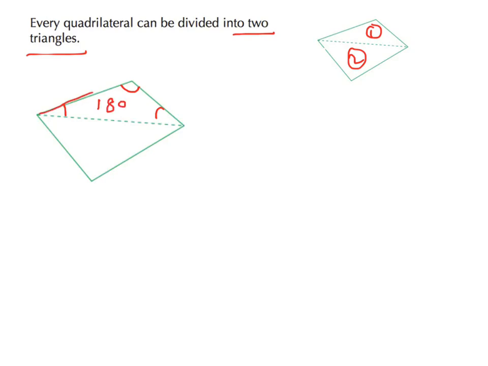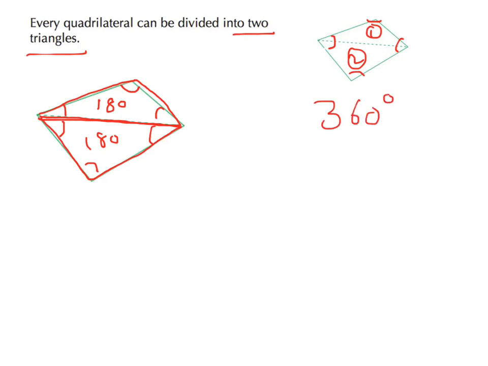So in this triangle, the sum of all the angles will be 180 degrees. And in this triangle, the sum of all the angles will be 180 degrees. So what is the sum of all the angles in a quadrilateral? It's going to be 360 degrees.